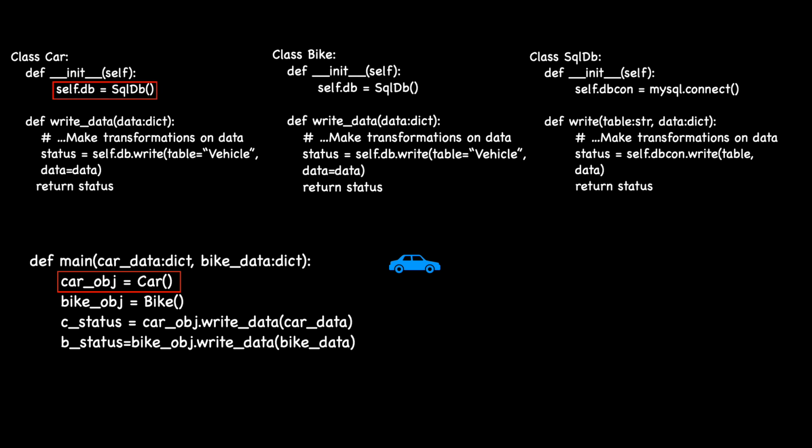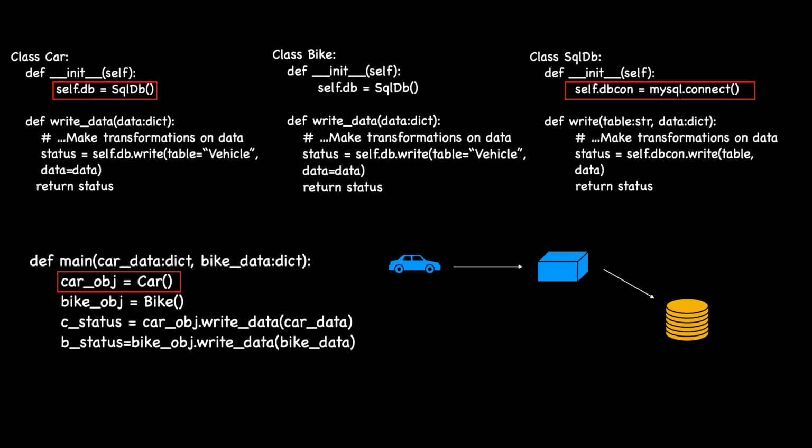The car class has another initialization of SQLDB, so a SQLDB instance has been created in the physical memory. Now, if we go on in the SQLDB constructor, we have a DB connection. So, a physical connection has been established in the object with the database.